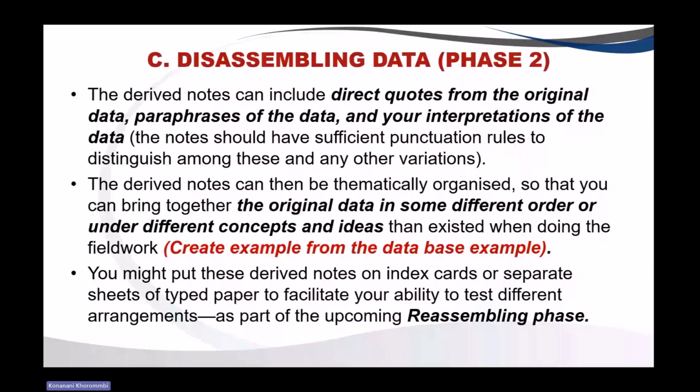You see now, you are disassembling, but when you try to put those cards under different arrangements, you have already started pointing towards reassembling, which is the next stage. So you went backwards to change what the compiled data looked like, which is the database.